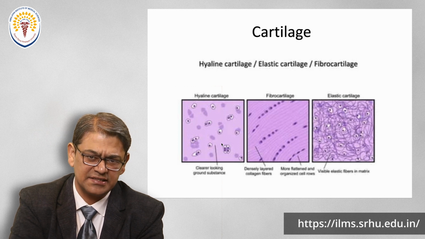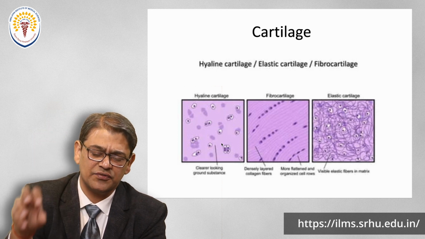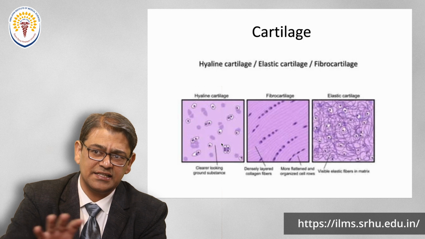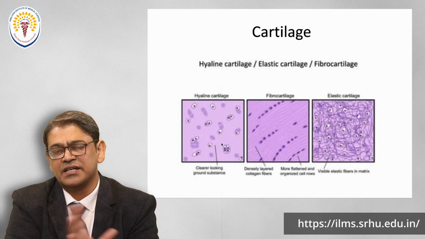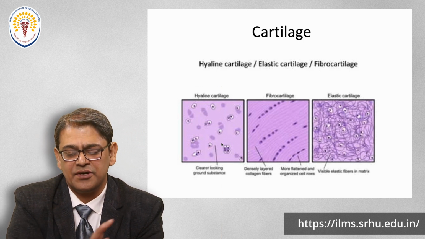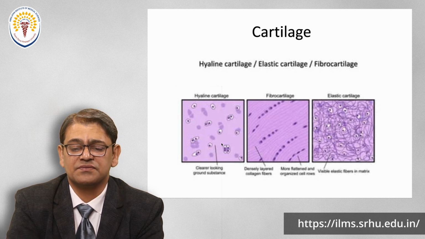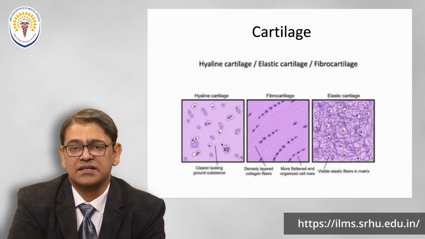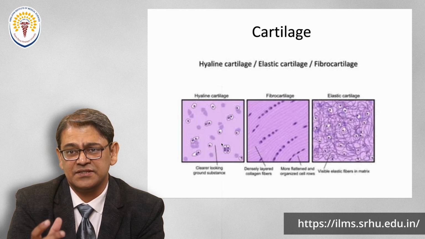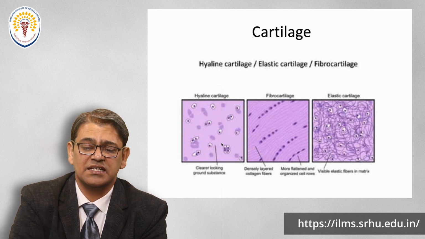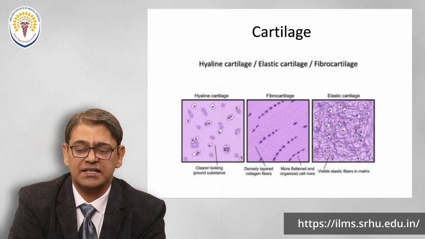Imagine this cartilage is present, and if you add a particular sort of fibers in it, its property gets changed. Just remember the earlier video on connective tissue. I told you about two types of fibers: white collagen fibers and yellow elastic fibers. So the elastic fibers are more in number here, as we see.